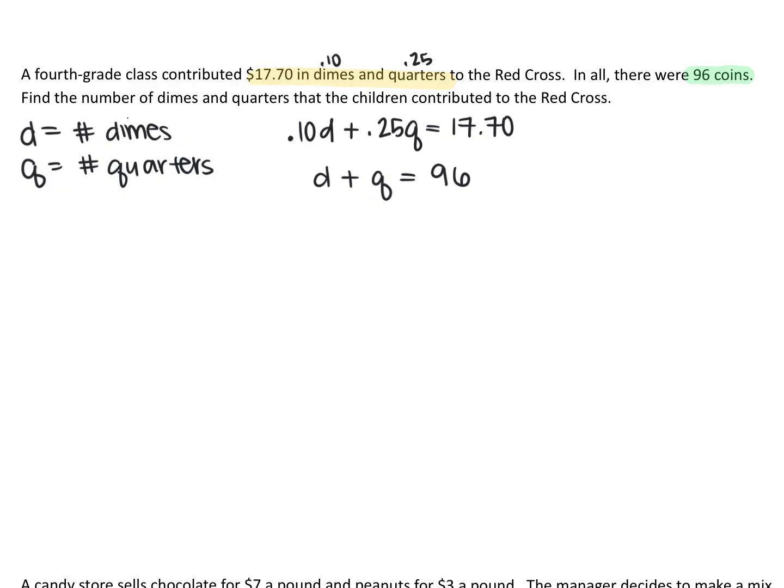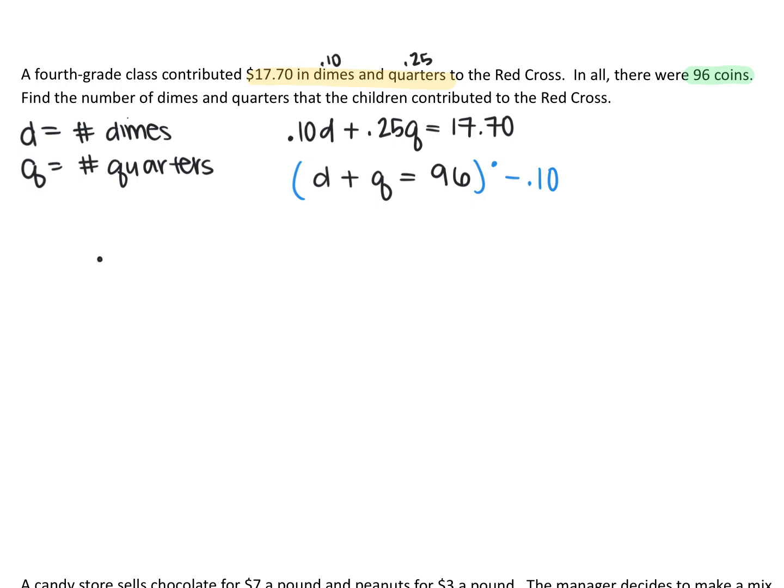Because a problem like this is going to involve decimals, I prefer solving these using elimination. It doesn't matter which variable you choose to eliminate. I tend to choose the one that's got the smaller number in front just so I can try to avoid negatives. So I'm going to eliminate D first by multiplying the entire equation by negative 0.10, because we want both of the equations to have the 0.10, but one of them does have to be negative.